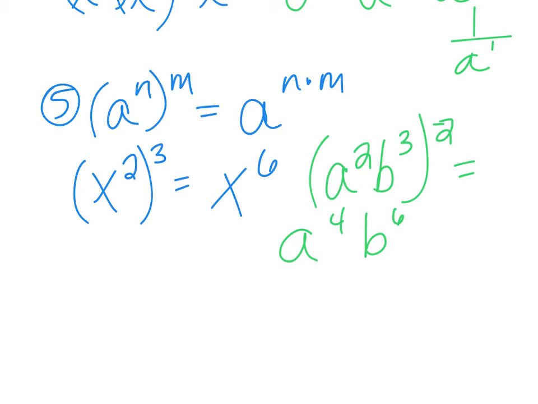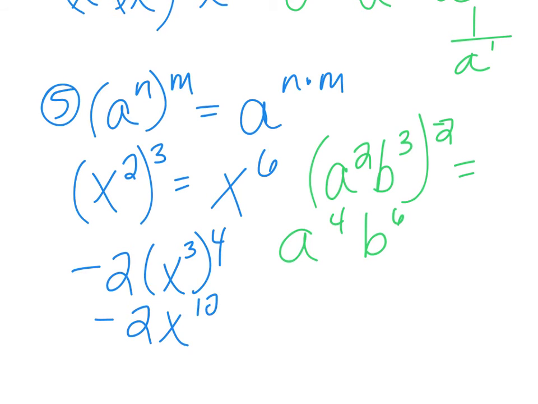Okay. And then if I had a coefficient on the outside, say -2 times x to the 3rd, that -2 has no exponent, positive or negative, so it just stays -2, and then that becomes x to the 12th.